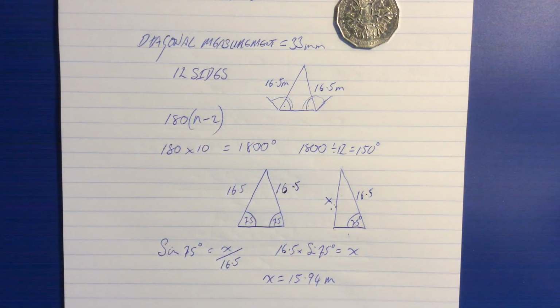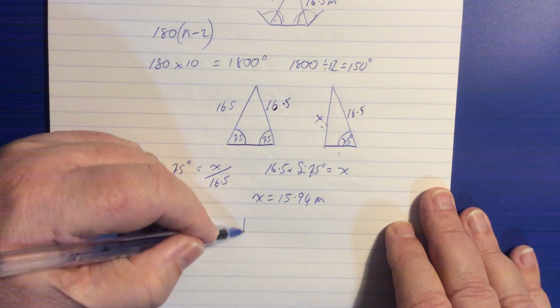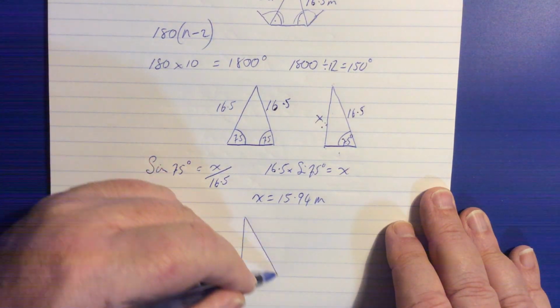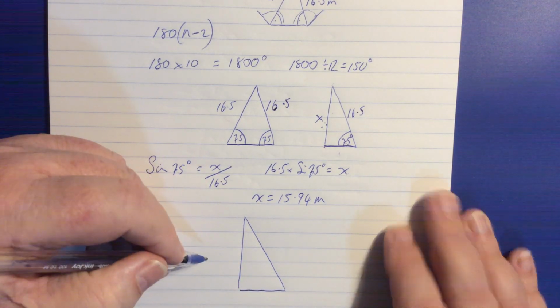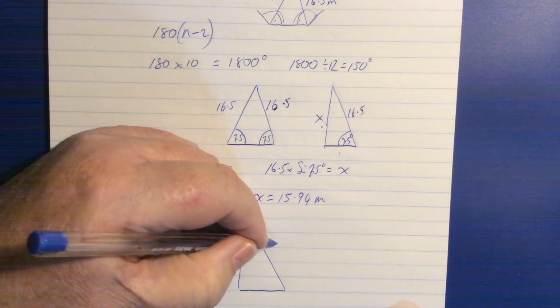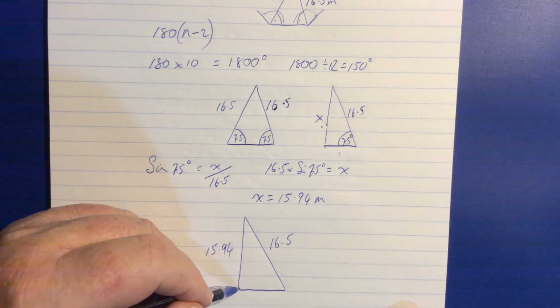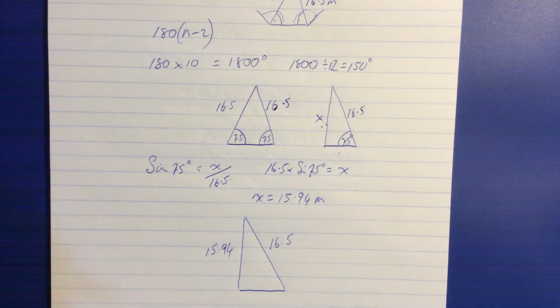So more triangles. Just keep drawing and just keep working. Okay, so what we have is 15.94, 16.5. We can find this. We'll call it x again.